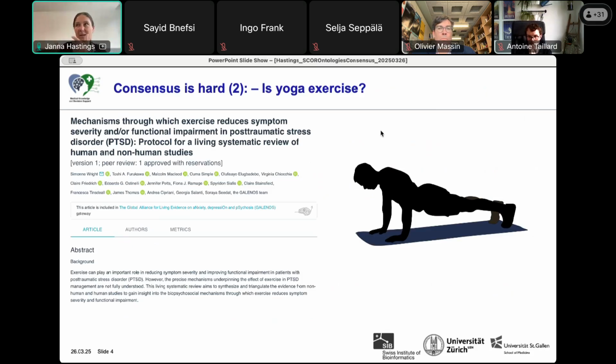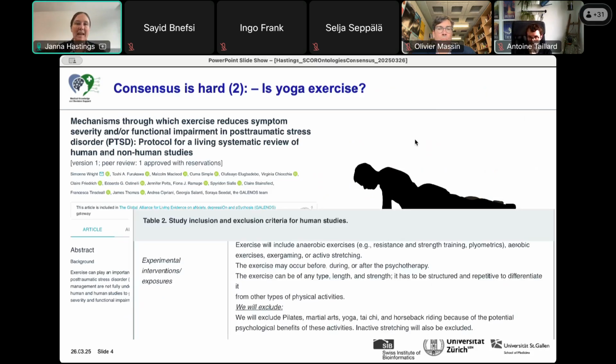Now, when you are doing such a review, you have to read a whole lot of literature and figure out whether this literature gives you some information to answer this question. For this, you define what are called study inclusion and exclusion criteria. You say, we're interested in studies that did this type of exercise together with that kind of intervention. At the end of the day, you have to decide whether this study is going to help you answer the question.